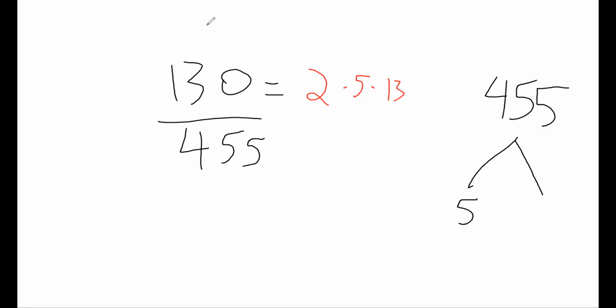How do I get the other number? What am I going to have to do? Well, exactly right. We need to divide 455 by 5 because we need to know what 5 gets multiplied by to give me the 455. So, maybe down here.